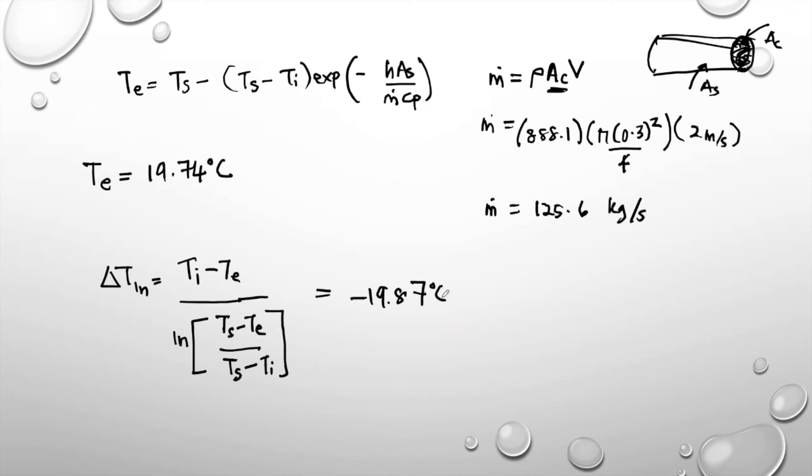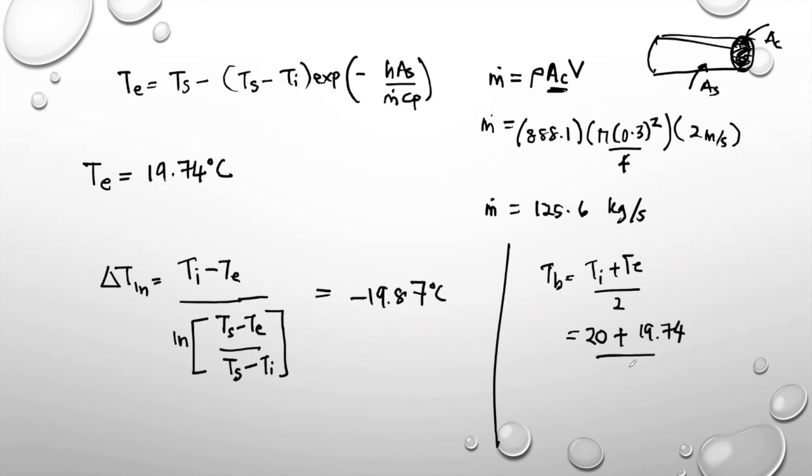Now wait, from T exit, previously I assumed the value for the T bar. T bar is Ti plus Te divided by 2. Now I already get the value of Te, which is 19.74. So I take 20 for inlet plus 19.74 and divided by 2.